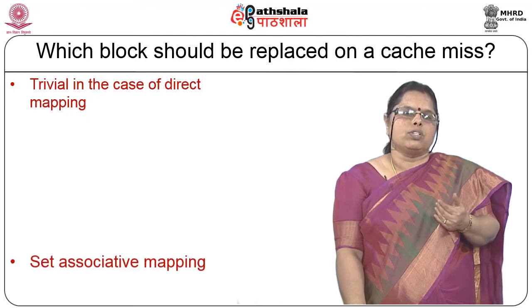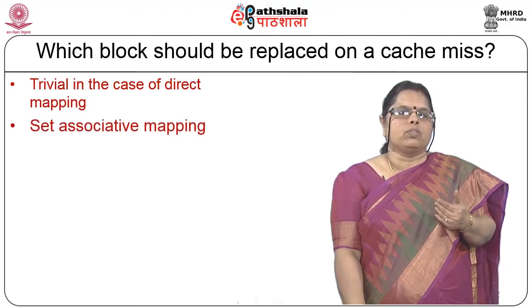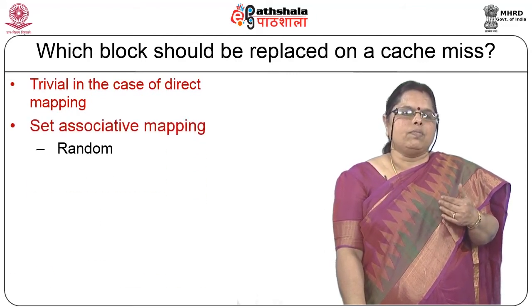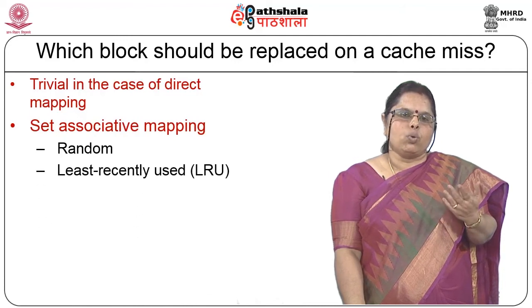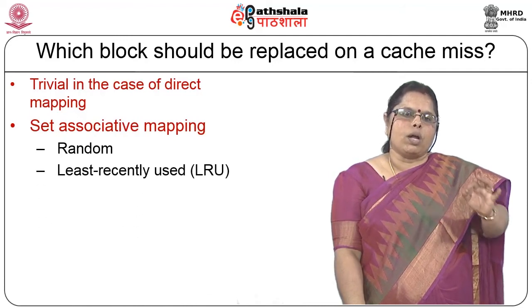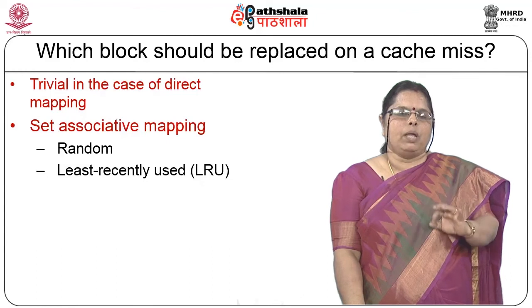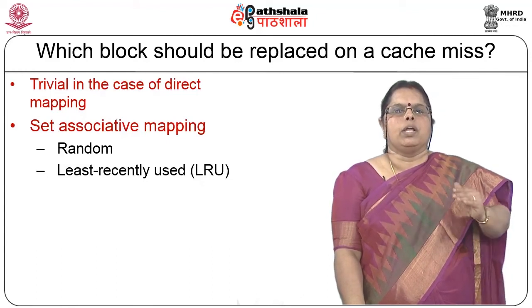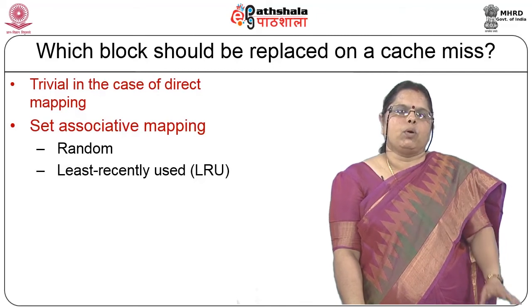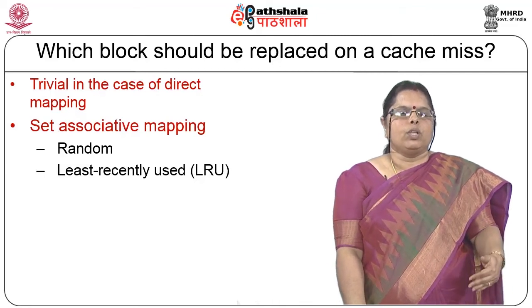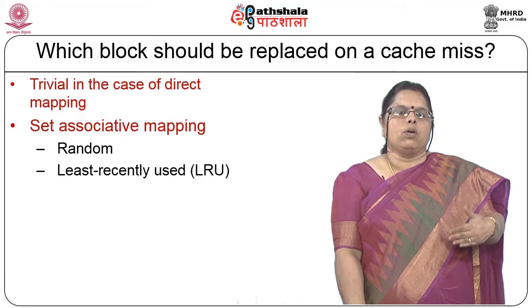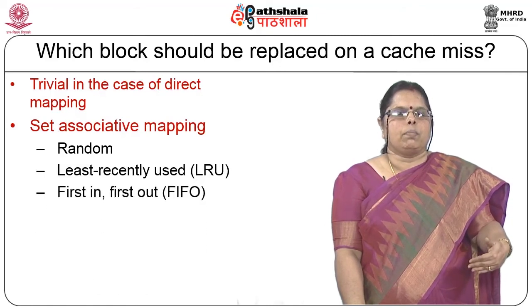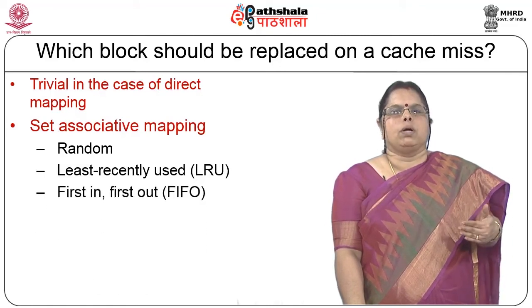Now, the third question: which block should be replaced on a cache miss. In the case of direct mapping, there is no question at all because there is only one block where the main memory block is entitled to occupy. So, you simply remove that block and bring in the new block. So, the replacement policy is very trivial. Whereas, when you are looking at set associative mapping or fully associative mapping, there is a choice among multiple blocks.